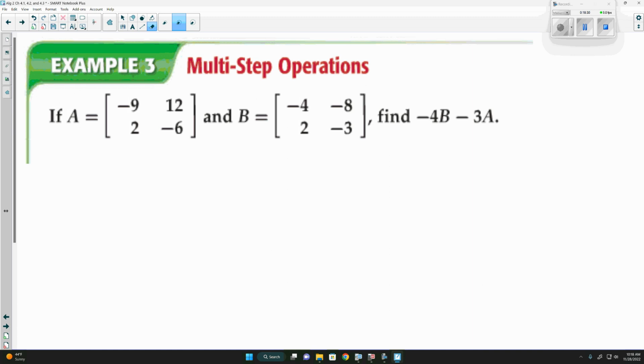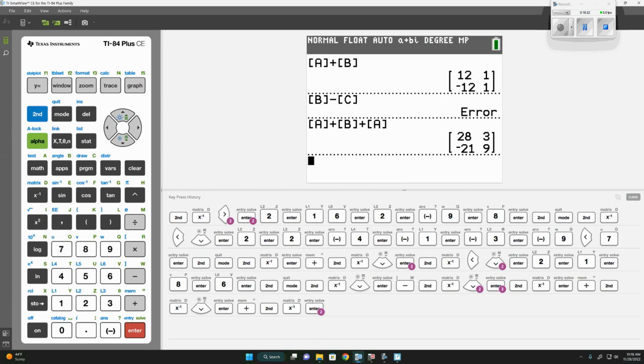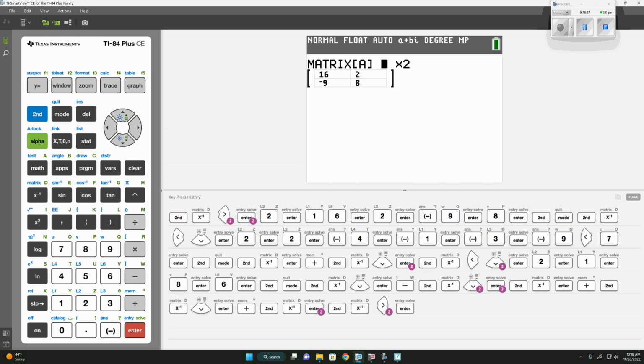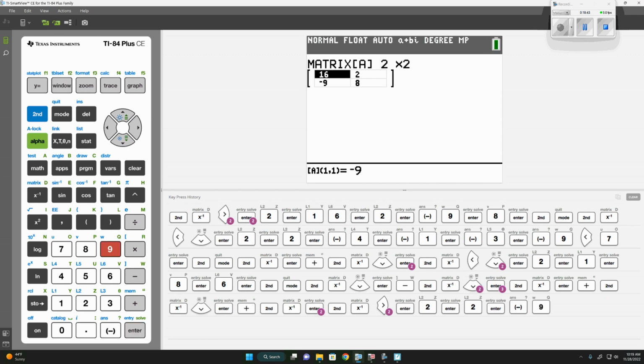So in the calculator, the graphing calculator, I can go second matrix, over to edit. And matrix A is a 2 by 2, because we have negative 9, 12, 2, and negative 6. I can go on and plug matrix A in.